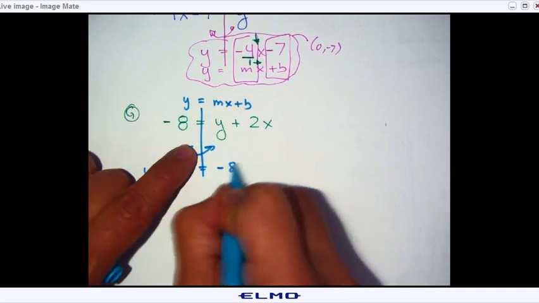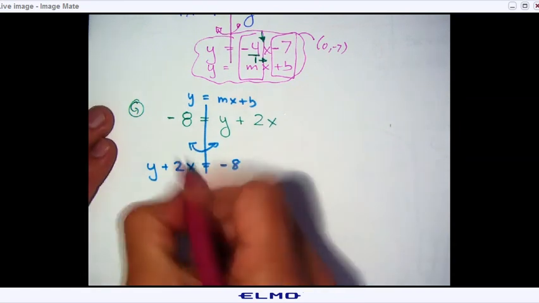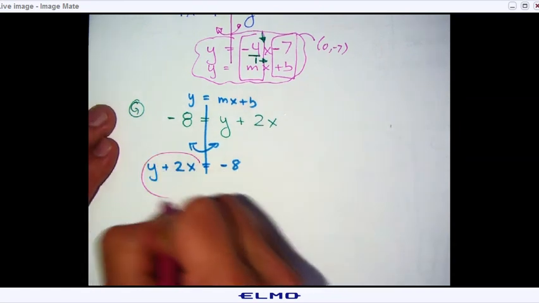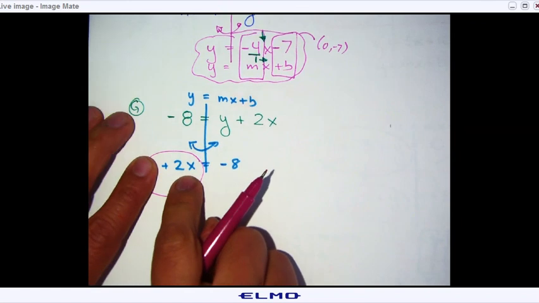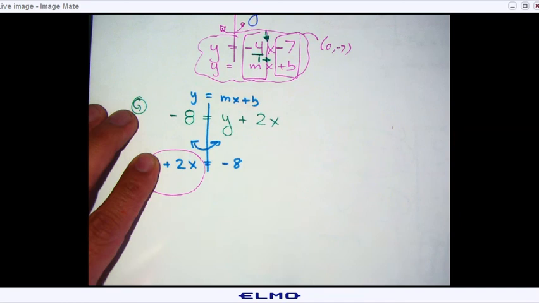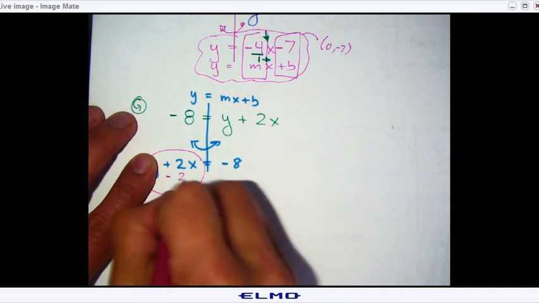Equals -8. Now, do what we were doing. All right, so let's see. I want to solve for y. I want to get rid of the 2x. How do I get rid of the 2x? Can someone? Edwin, how do I get rid of the 2x? Minus 2x. Very good. Minus 2x on both sides.